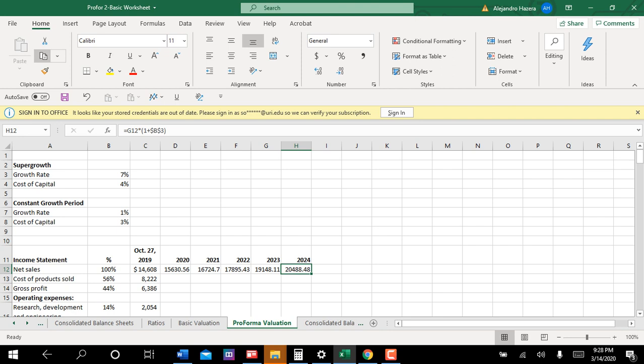Now the next two lines are going to be incredibly important for making pro forma financial statements. Not just because they're important from an accounting perspective, but because they're important from the perspective of building pro forma financial statements. These are going to be two very important rules.